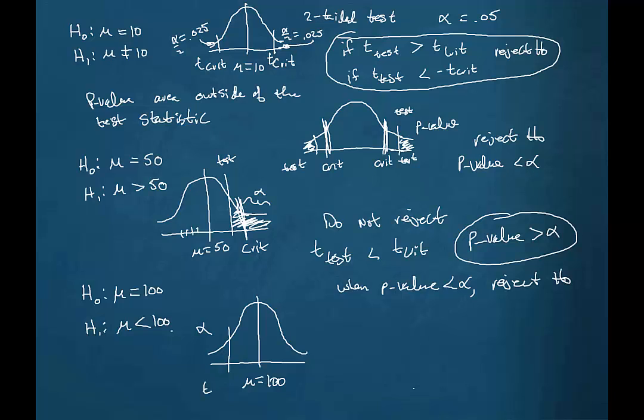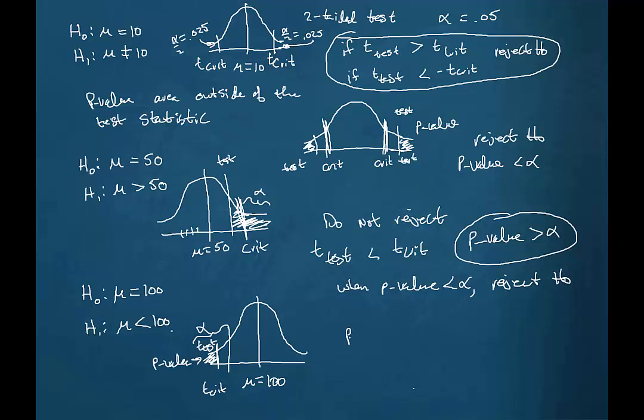So let's say again that we have a t-critical value here, and our test value is here, our t-test value. Well, notice here that this area outside of the test statistic, which is the p-value, would be less than this entire area here, which is alpha.